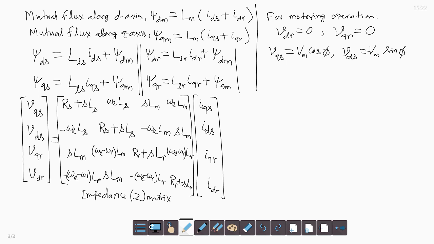Phi is the initial phase angle and Vm is the peak value of the phase voltages. Using these equations the current transients, IQ as a function of time, can be found out, and from the currents, flux linkages can be obtained, and from current and flux the torque can be obtained.